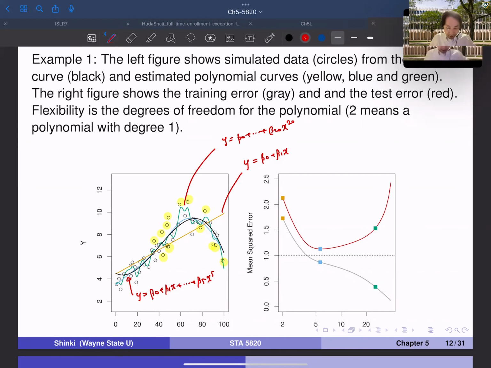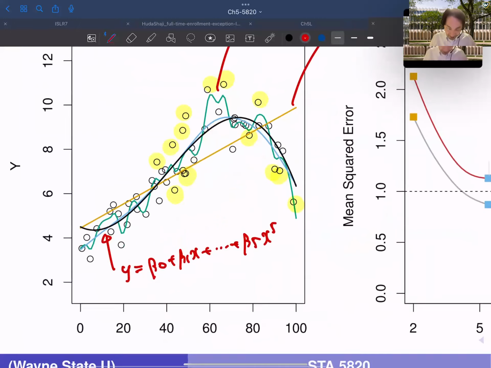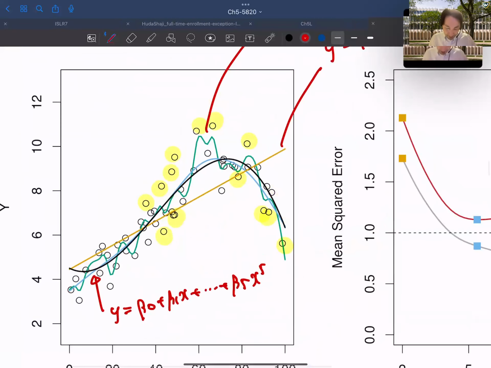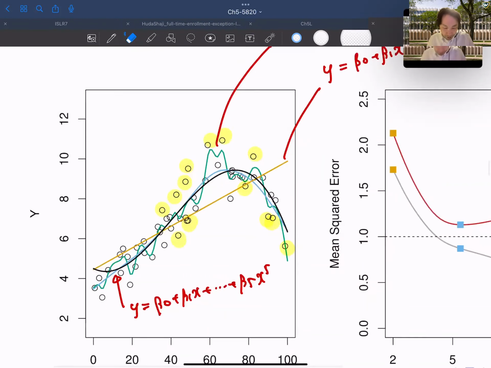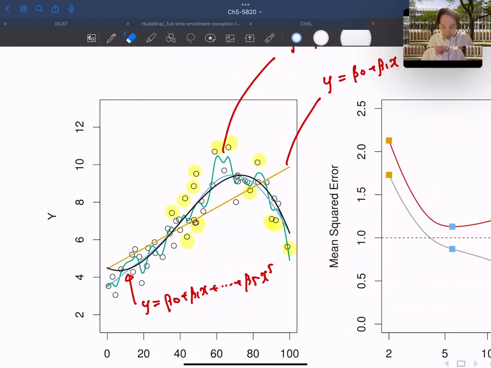Then, which one is the best in a common sense? You can see that the yellow one is too simple compared to the truth, even the black circles. But the green one is too volatile. So the blue one is probably the most appropriate.